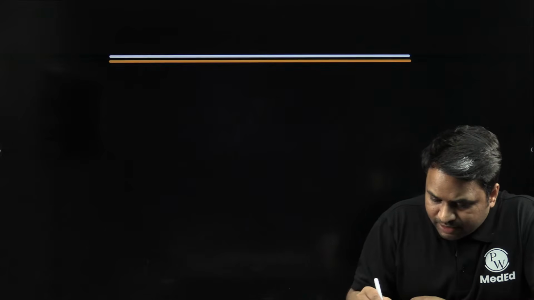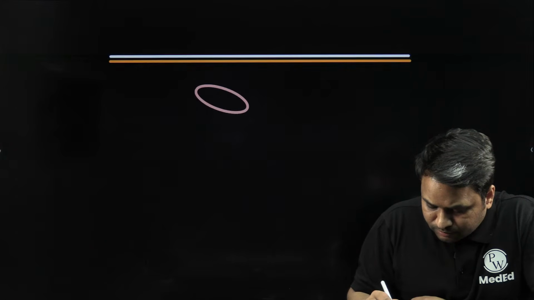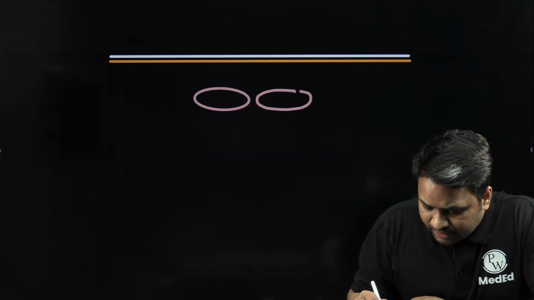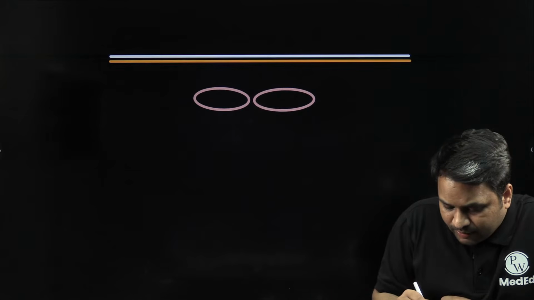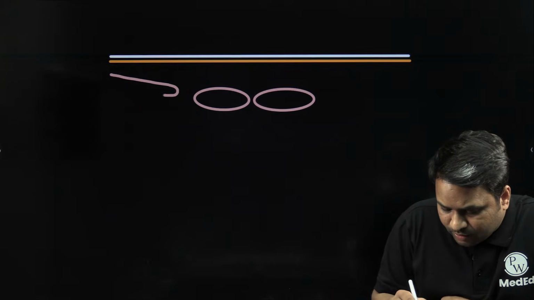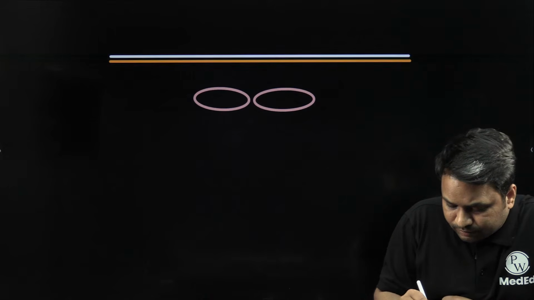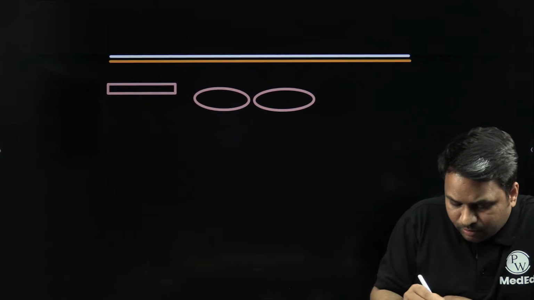Now, under the subcutaneous fat, you will have the muscles. So, this is your rectus abdominis muscle. Now, from the lateral side, you have the lateral muscles which are present. This is your external oblique muscle.